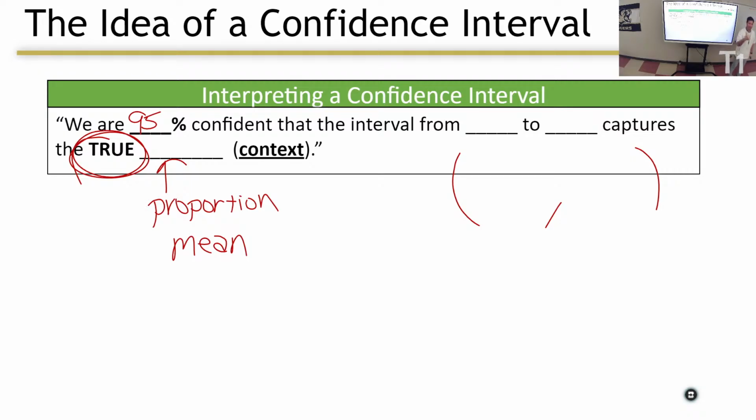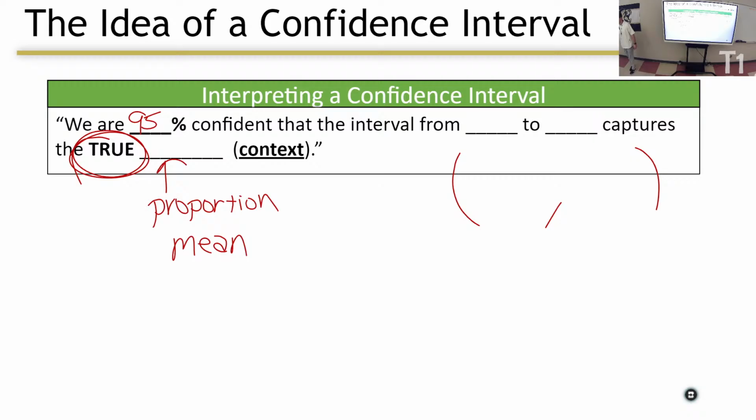You're going to mess up and leave the context out. You're going to not talk about the population. You're going to forget the 95, or you're going to forget the interval. You're going to forget something to not get an E. Other than that, you're going to get the E. Fair enough? 4 points on the next test. I promise you at least 4.